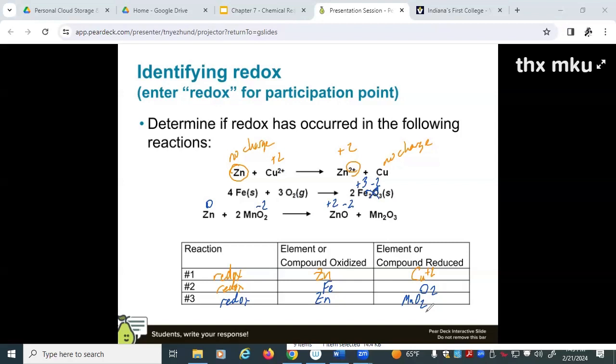But the things to look for: if I see an element turn into a compound, I know redox is at play. Because you can't go from element to compound and not have some kind of change in charge. And if you go from compound to element, same thing. You went from something that was charged to something that isn't charged anymore.